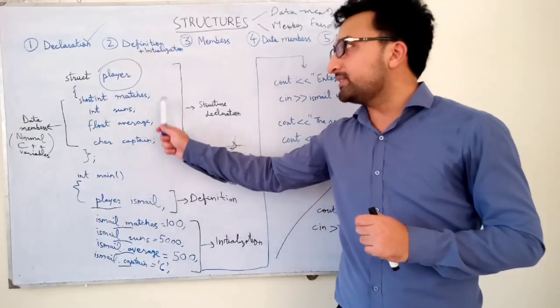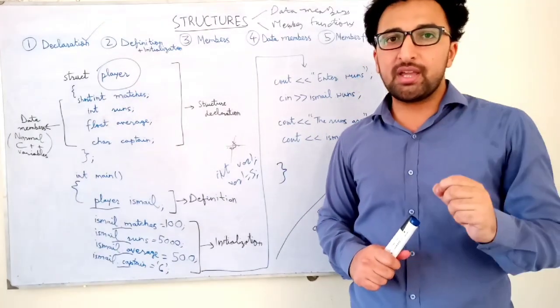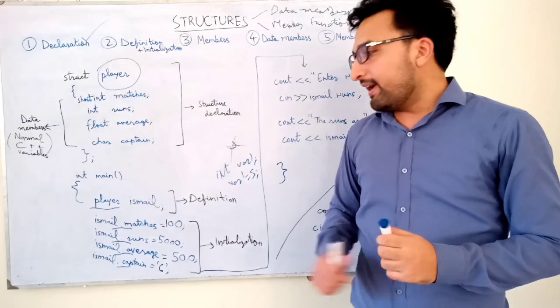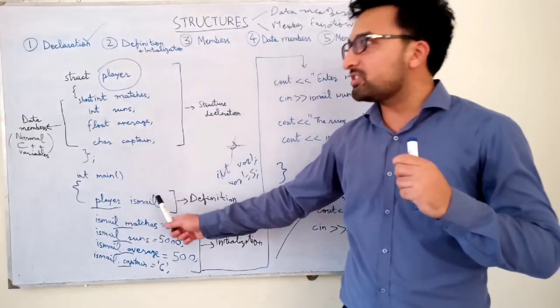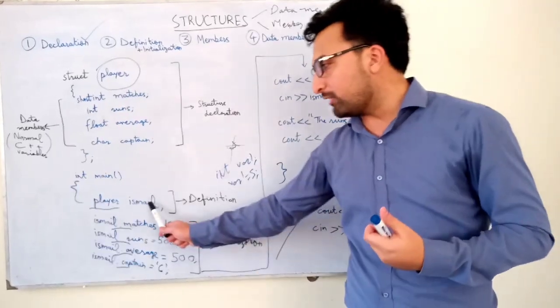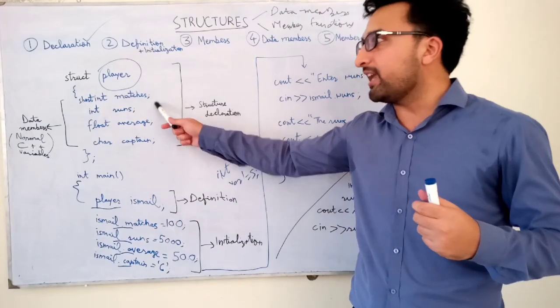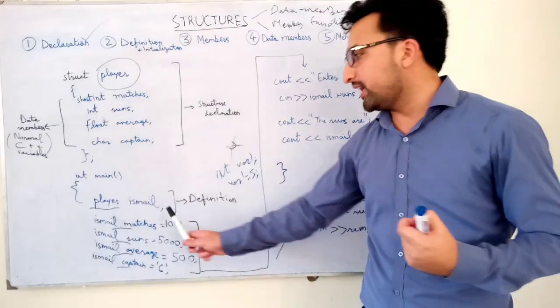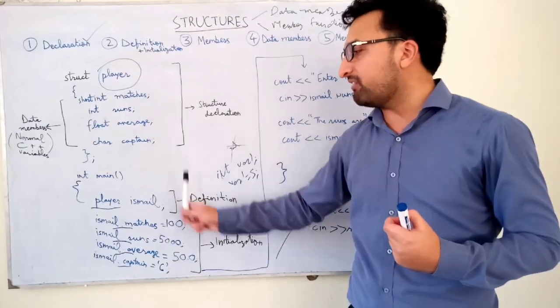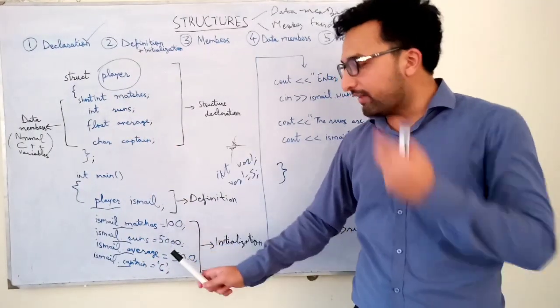The variables that are part of a structure need to be initialized using the dot operator. First comes the instance of the structure, followed by a dot operator, and after that comes the variable which we want to initialize. Here we were initializing this particular variable by 100, and here by 5000.